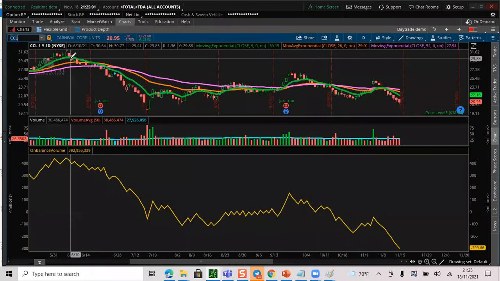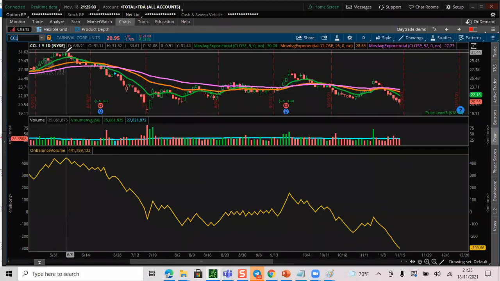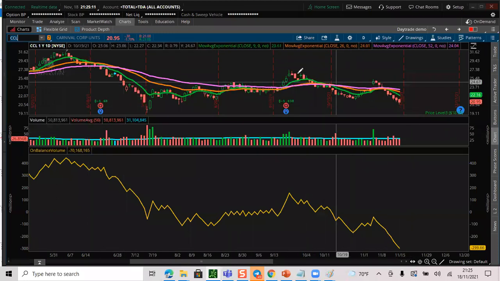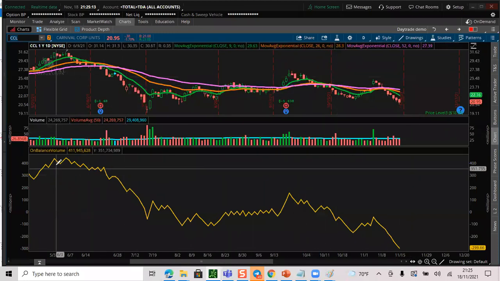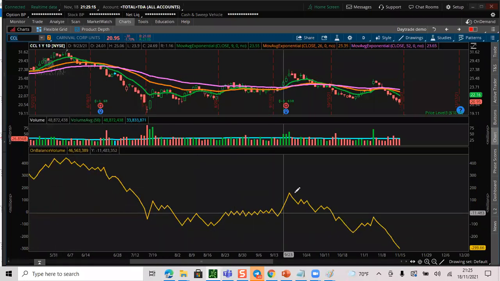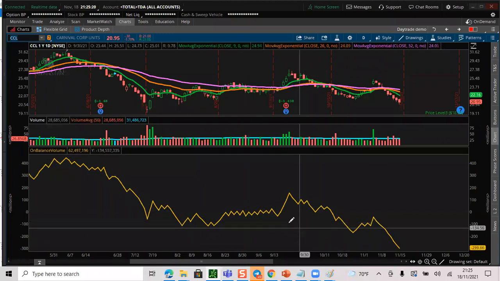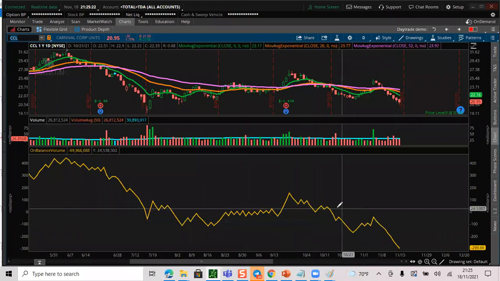I strongly see it is, from the pandemic to right now, still under bearish. You can clearly see the unbalanced volume just keeps declining, right? It's a clear bearish trend.